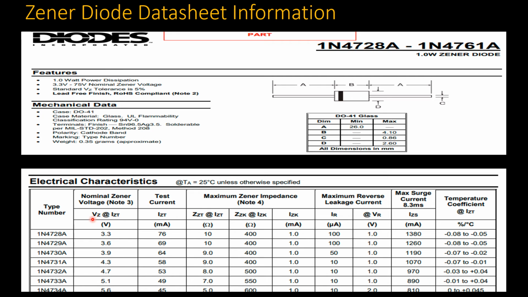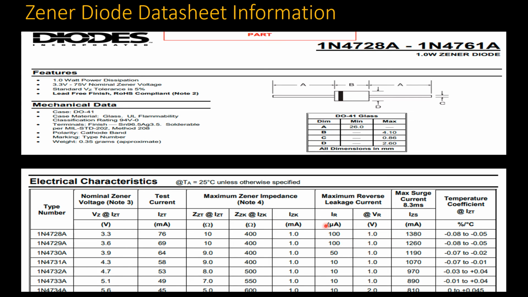This is the major parameter we need to take care about. This is the test current, so it allows only up to 76 milliamperes of current, and these are the maximum Zener impedances, and these are the maximum reverse leakage currents.